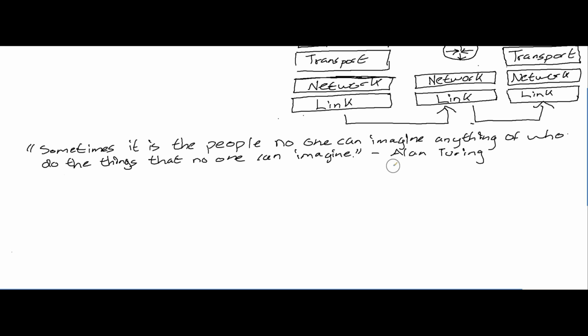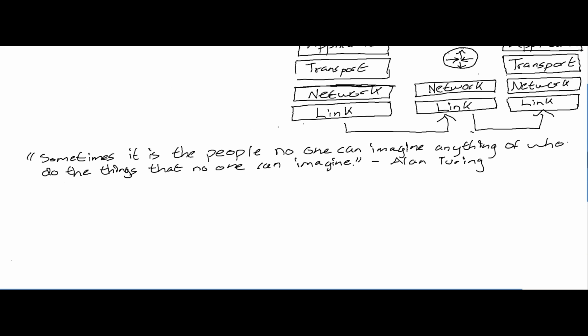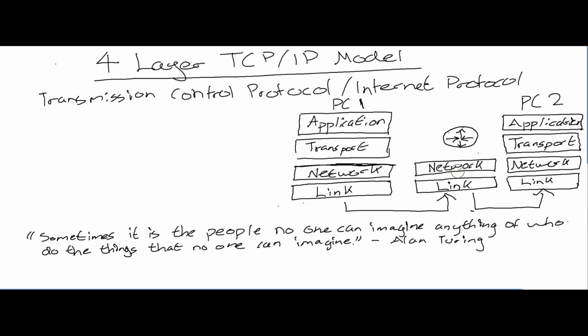Now, you might want to know why we've got the link and the network layer in our diagram for the TCP/IP model for each router, for each hop. That's because when a router receives a packet, it goes up to the link layer and strips off those MAC addresses, then the link layer passes it up to the network layer.